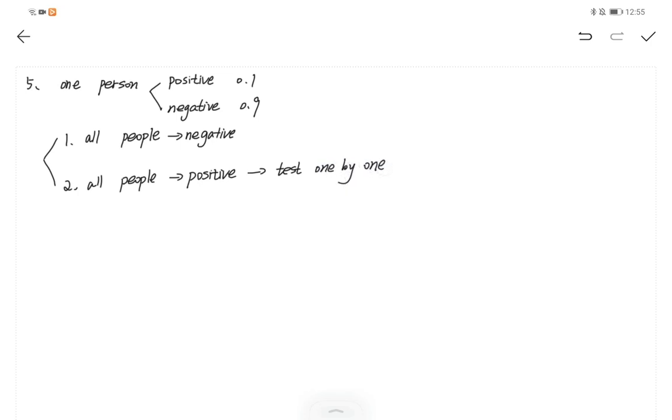As for the first situation, the number of tests is 1, because all people are negative, we don't need other tests. And for the second situation, the number of tests becomes 1 plus 10 equals 11.